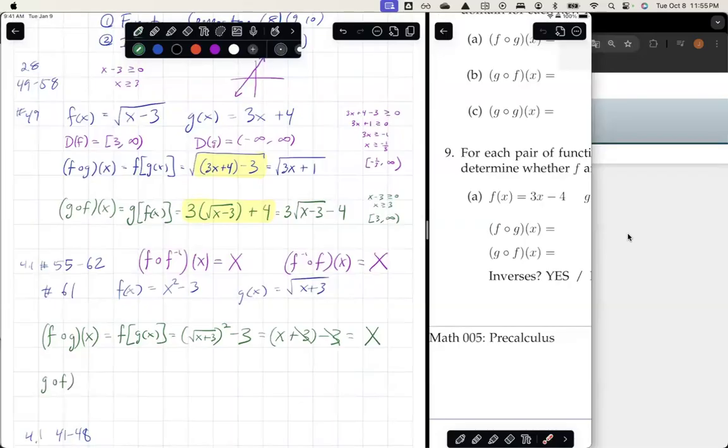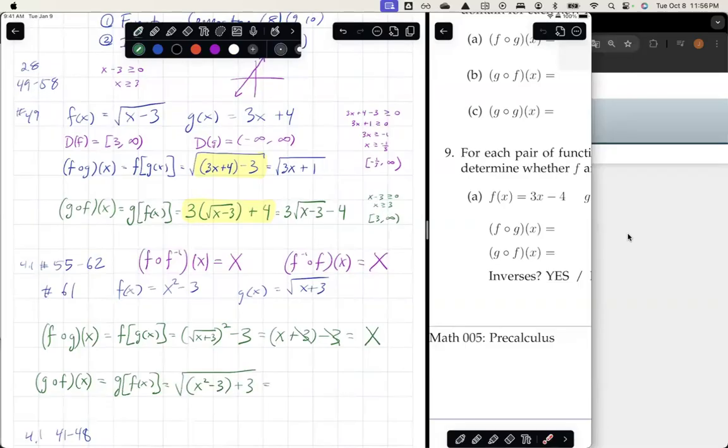g of f of x. That's the function g with f of x plugged into it. So the function g is the square root of the input plus 3. The input here is f of x, which is x squared minus 3.